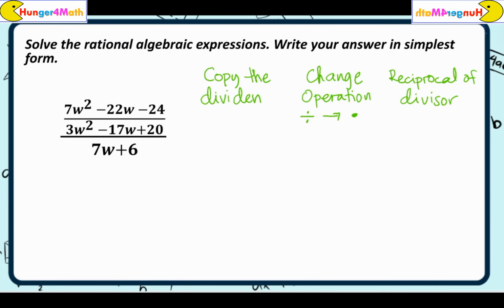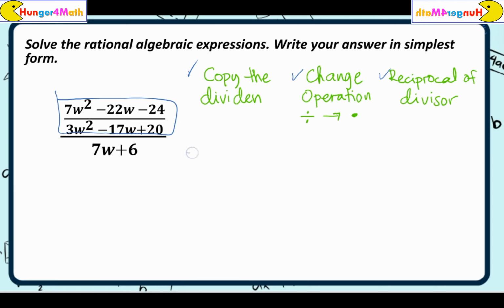Here we have division of rational algebraic expressions. And to solve this, we're going to copy the dividend, change the operation division to multiplication, and take the reciprocal of the divisor. So let's start by copying the dividend. The dividend is this part of the expression.